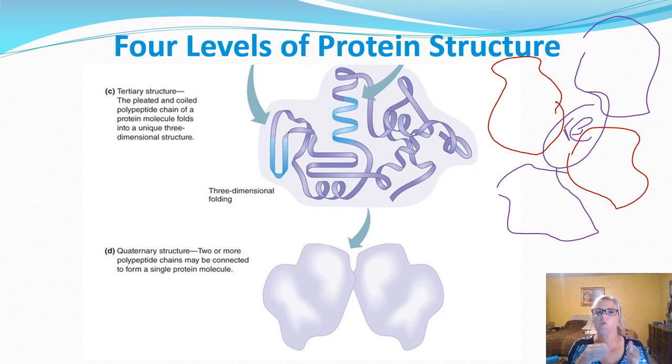Now, there are some other forces and interactions that go in second and third, but I want us to focus on the main ones, and that's going to be hydrogen bonds for secondary and covalent bonds for tertiary. And then quaternary can happen sometimes if you have 2 or more of these tertiary 3D overall globular proteins come together and bond together as well, or have some forces of attraction between them as well to form that larger structure.